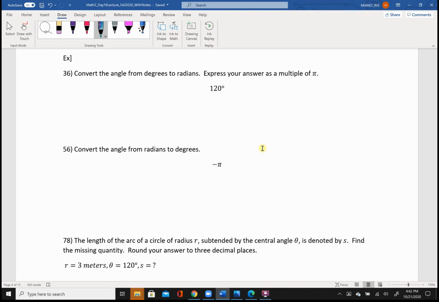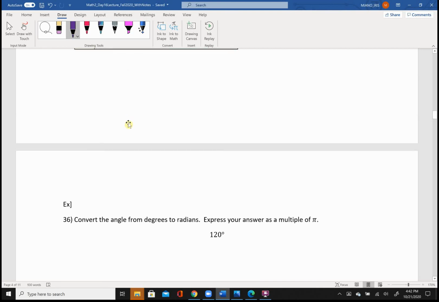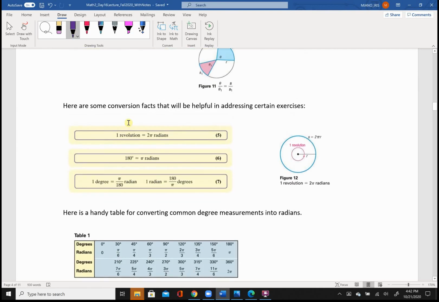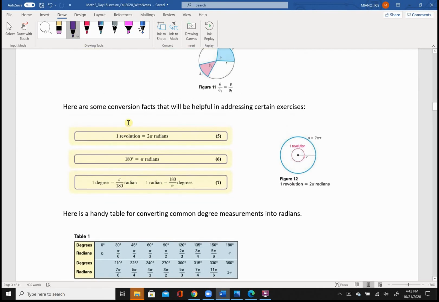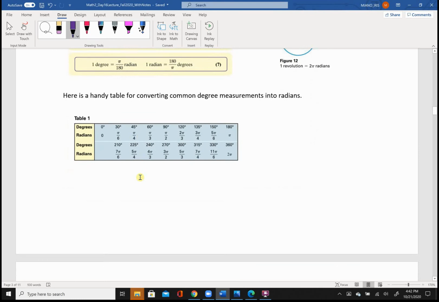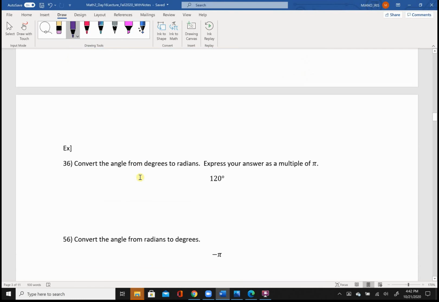Now remember, if we're going from degrees to radians, we should use the conversion of, what was it? Hold on, let me flip back just to reference it here. So you could use the fact that 2 pi is the same as 360 degrees. That's what I often use. Or you could use pi is the same as 180 degrees.